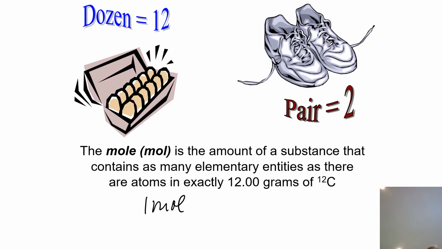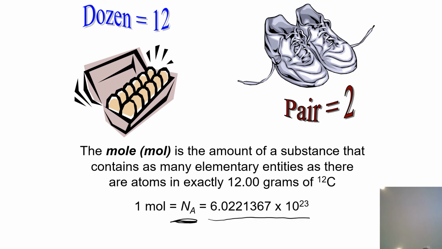So this is the abbreviation for Avogadro's number, N sub A, and 1 mole contains this many things. And again, it doesn't matter if it's marbles or eggs. It contains 6.0221367 times 10 to the 23rd units, or pieces.